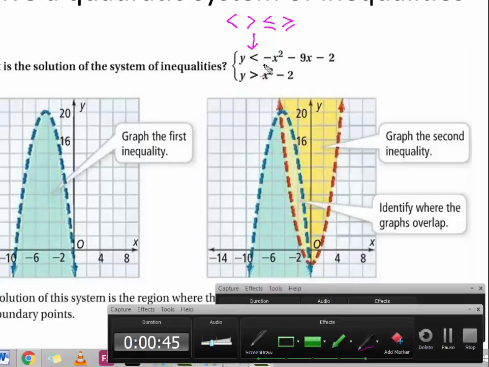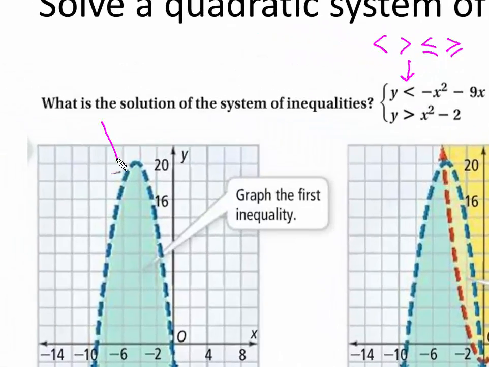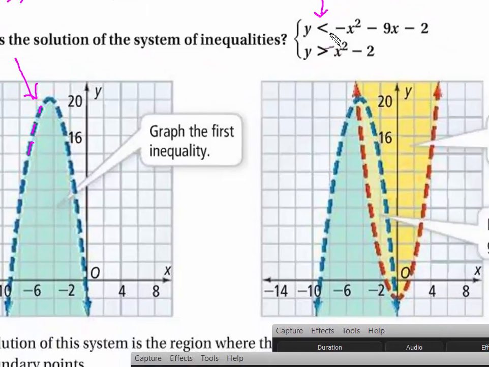This curve represents y equal to negative x squared minus 9x minus 2. The reason we use a dotted or dashed line is because this is less than. There's no equal sign here. If there's an equal sign, we're going to use the solid line.